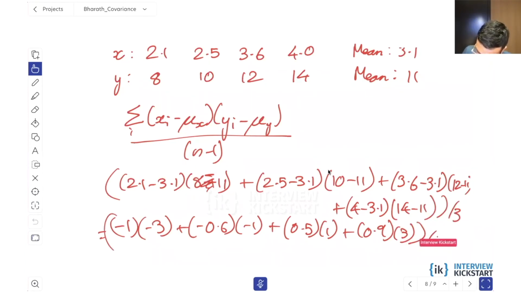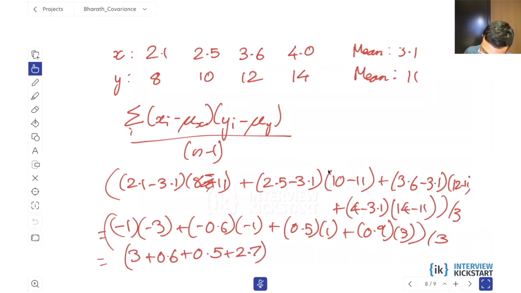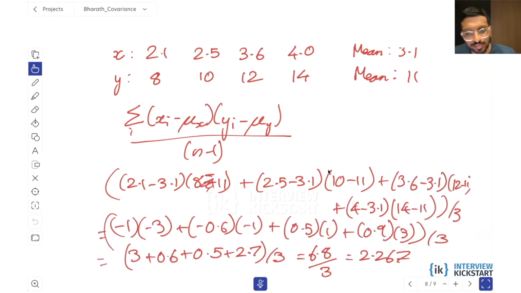So this is 3 plus 0.6 plus 0.5 plus 2.7, divided by 3, which is 6.8 divided by 3, which is 2.267. So this is one example of how to calculate covariance.